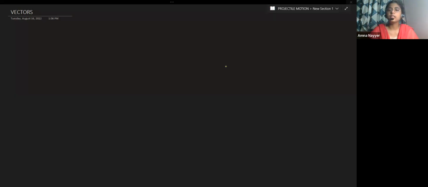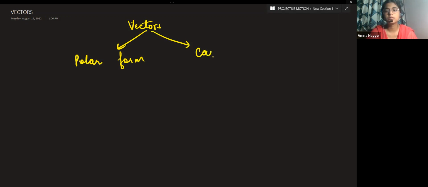Now, vectors are also added in polar form. One is Cartesian form. I'll start with polar form today. Vectors also have polar form, and Cartesian form.